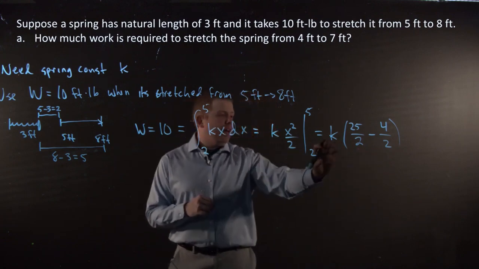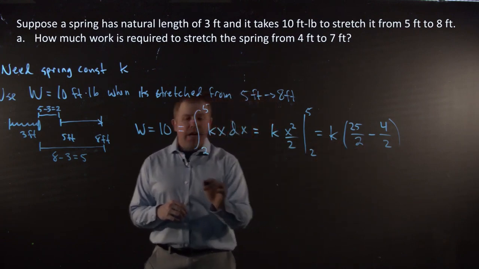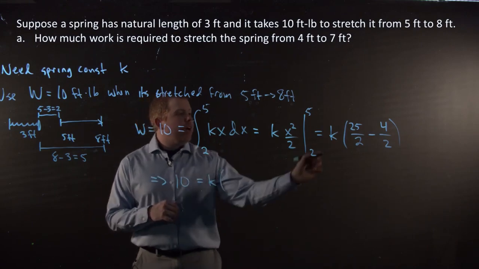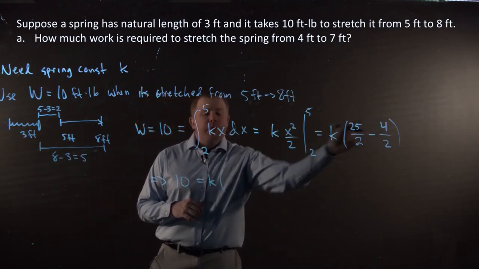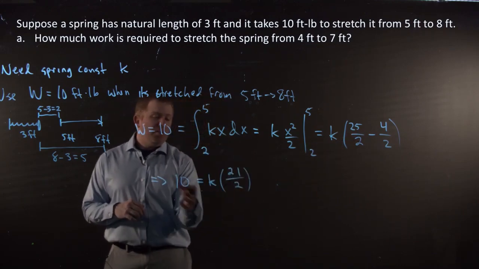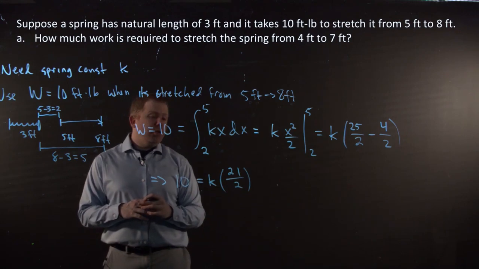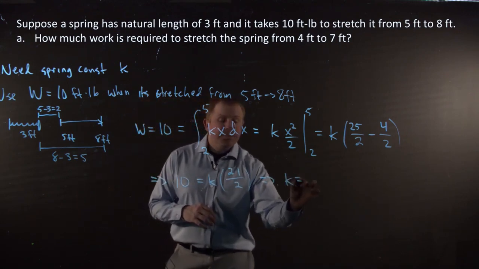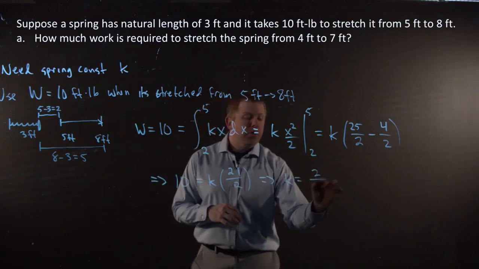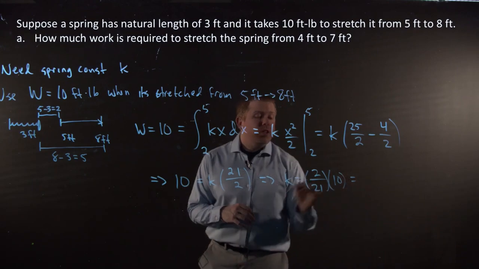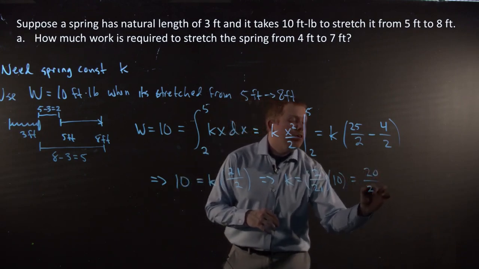So if I simplify everything out, I get the equation 10 is equal to k times 25 minus 4, which is 21, over 2. And so I can multiply by 2 over 21 in order to cancel this out to get that k is equal to 2 over 21 times 10, which is just 20 over 21.